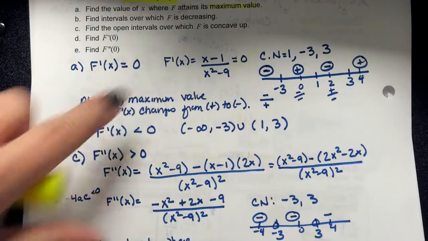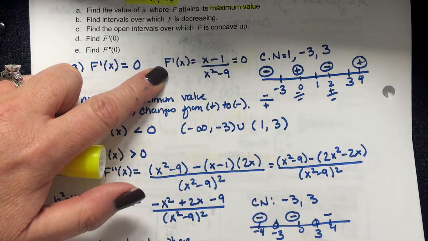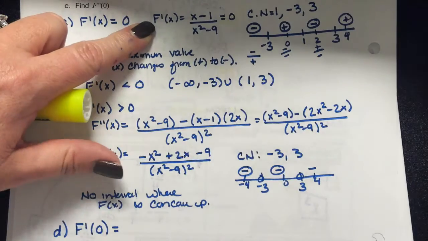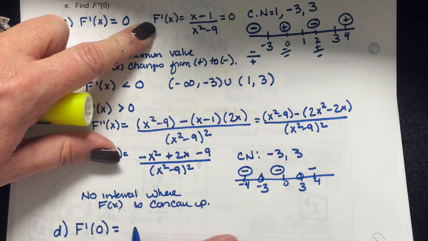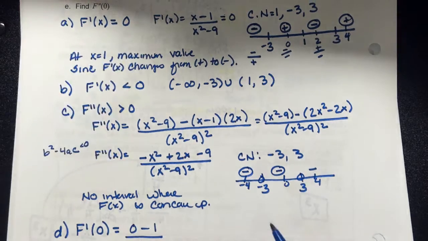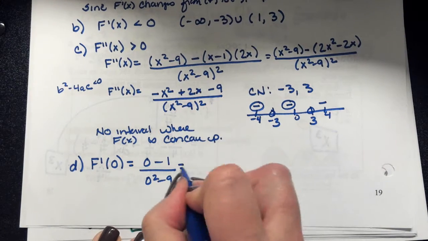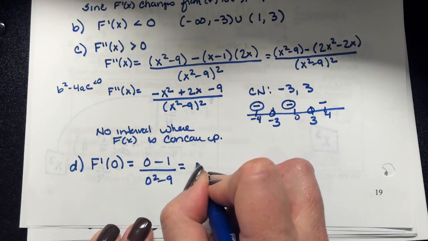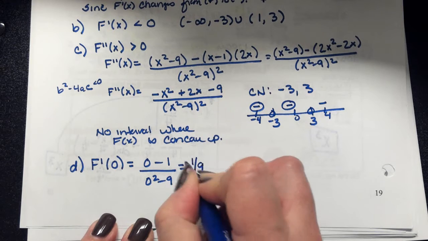F prime. Remember, I've already identified f prime of x as (x minus 1) over (x squared minus 9). So f prime of 0 is going to be equal to (0 minus 1) over (0 squared minus 9). So what is f prime of 0 going to be equal to? 1/9.